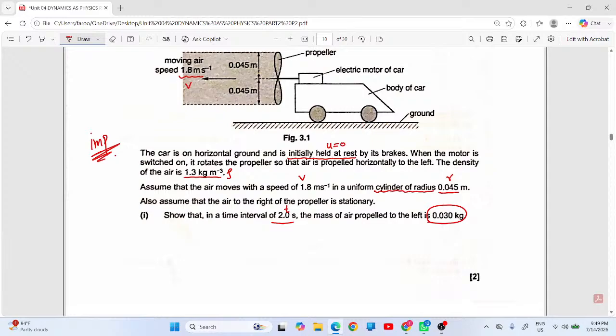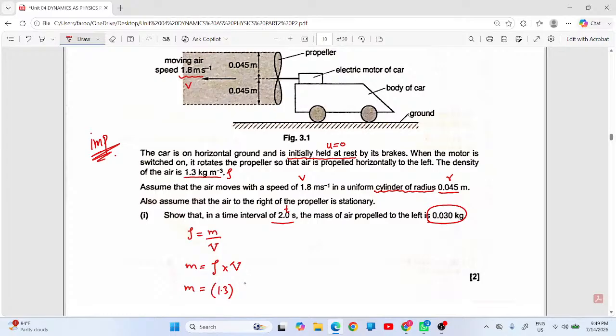We do it like this: density equals mass over volume, so mass equals density multiplied by the volume, and the volume of a cylinder is pi r square h. Density is 1.3.